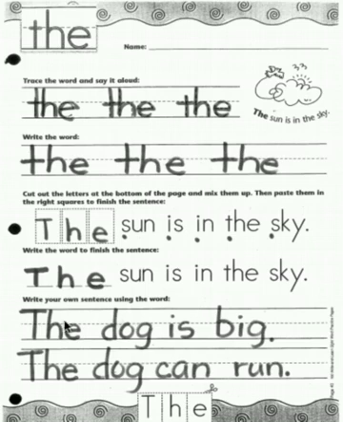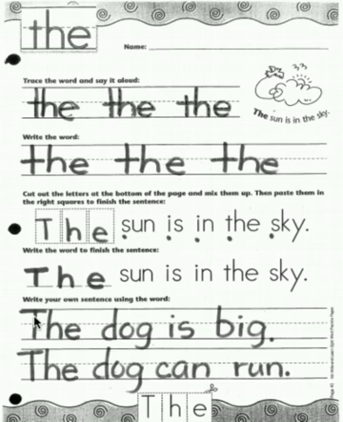Once we've done that, you're going to write your own sentence using the word. And in this case, the word is the, T-H-E. So to help you to write your own sentence, Ms. Jones has put 2 sentences here. If you don't have your own sentences, of course you can use mine.